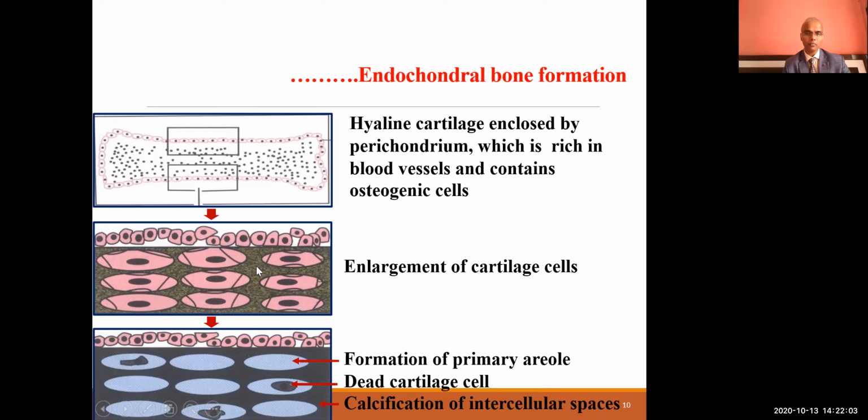Due to the calcification of intercellular spaces, these chondrocyte cells lack nourishment and die, leaving empty spaces which are called primary areolae. The primary areolae formation takes place by death of chondrocyte cells. These are the dead cartilage cells, and this black area shows the calcification of intercellular space.